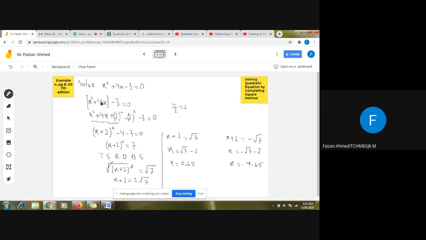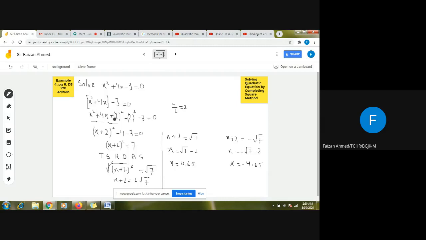Now I have to focus on the coefficient of x because I have to make an identity here. The coefficient of x is 4. I divide it by 2 and get 2. So I have to add and subtract the square of 2. I add the square of 2 and subtract the square of 2, then minus 3 equals 0.